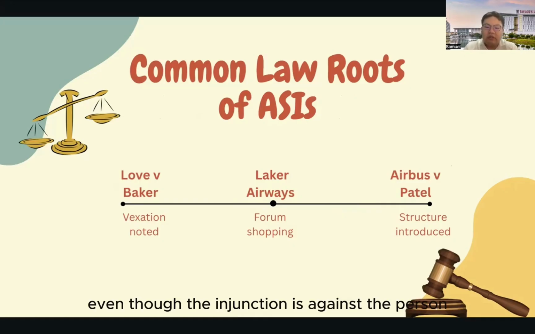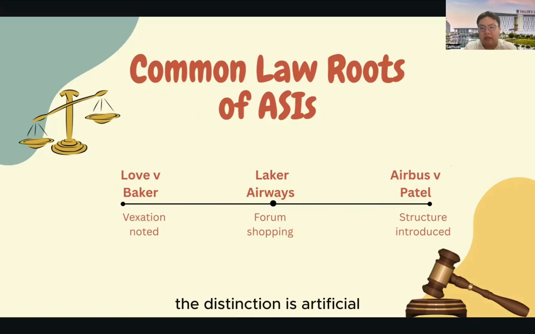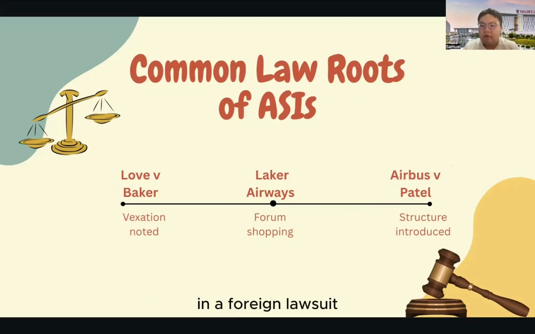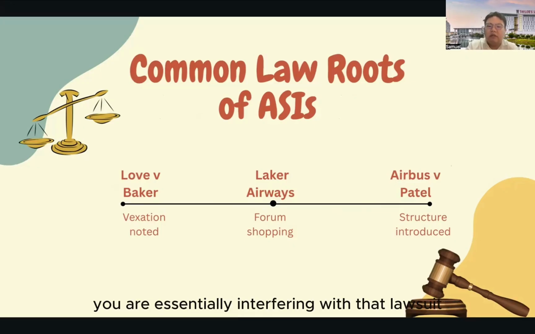Even though the injunction is against the person and not the foreign court, it still affects the foreign proceedings. And that is why critics say the distinction is artificial, and to me maybe delusional. So to me, if you prevent someone from participating in a foreign lawsuit, you are essentially interfering with that lawsuit, regardless of how you frame it.